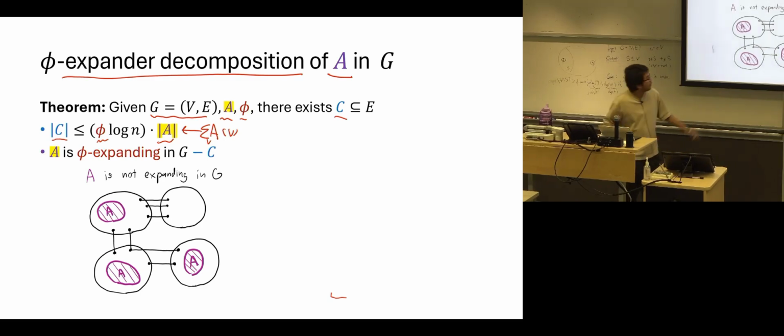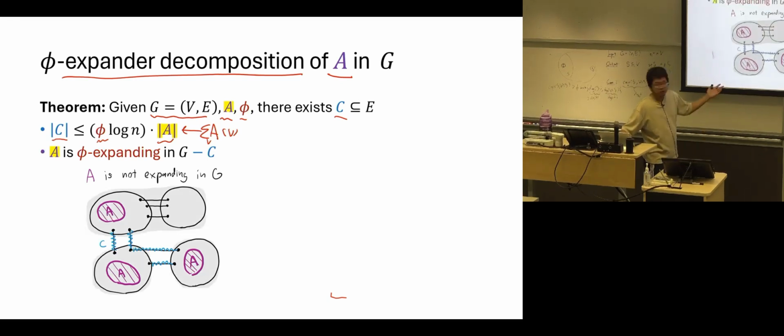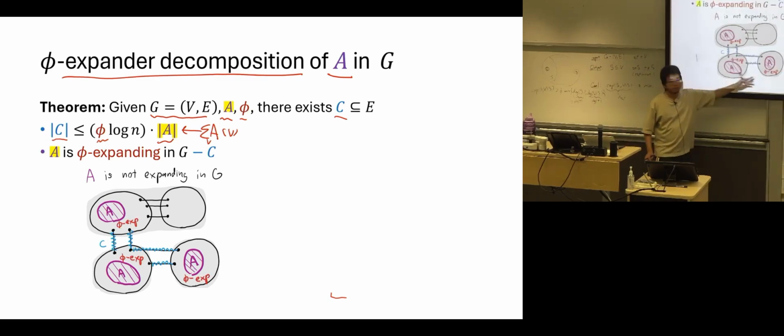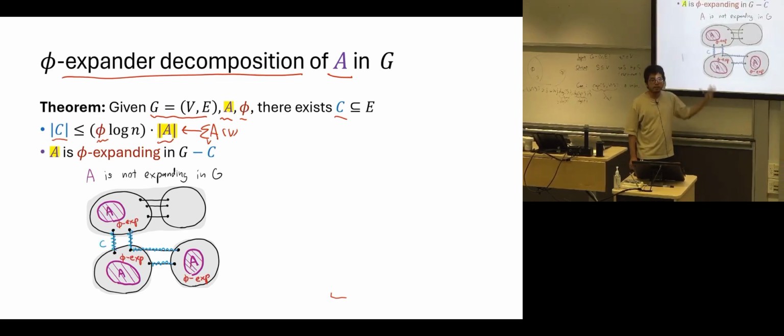So what do we have? Suppose that A is not phi expanding in G. Then you might remove this part, and look at the connected components after removing C. Then each part becomes expanding. In each part, A is expanding inside.